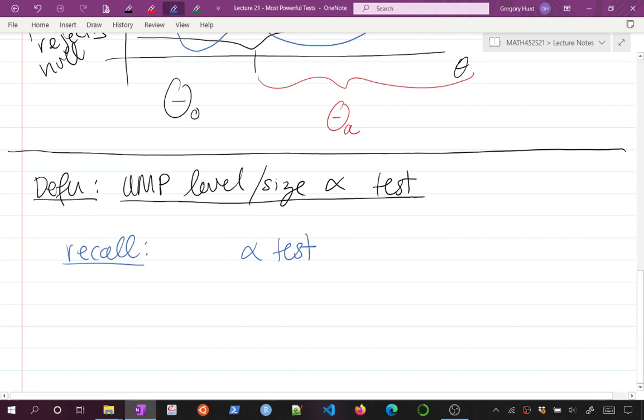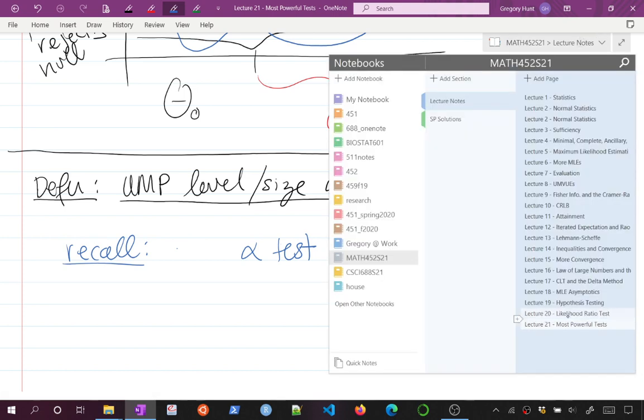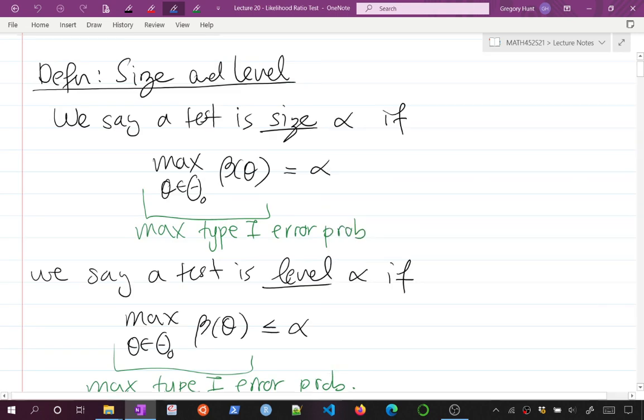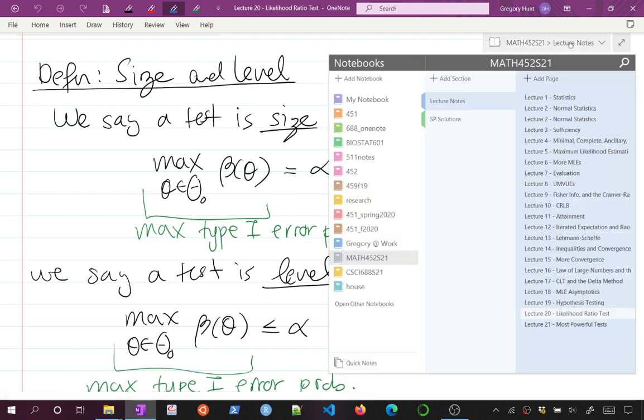So what's our size alpha test? We define these in terms of both level and size. If we go back to our definition from lecture 20, a size alpha test has that the maximum over the null is alpha, and the level is less than or equal to alpha.